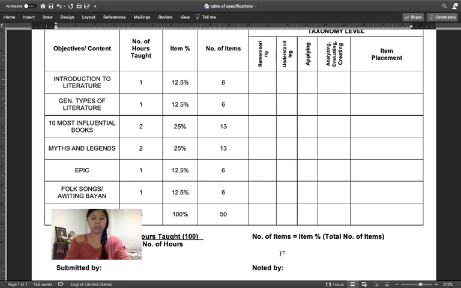Okay, your 50 items will be broken down as, let's say, 10 items for identification, 20 multiple choice, and then 20 for the essay.